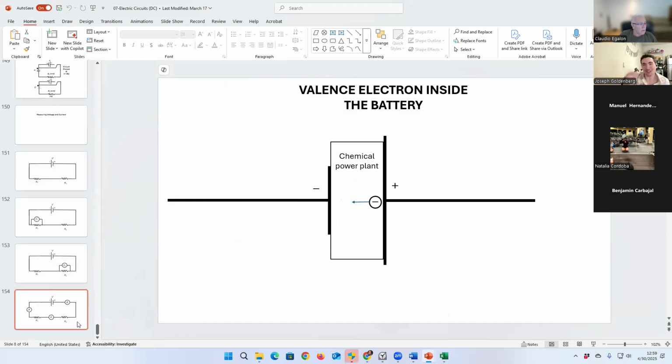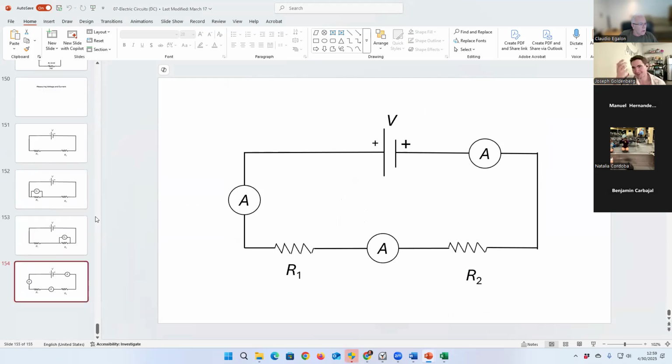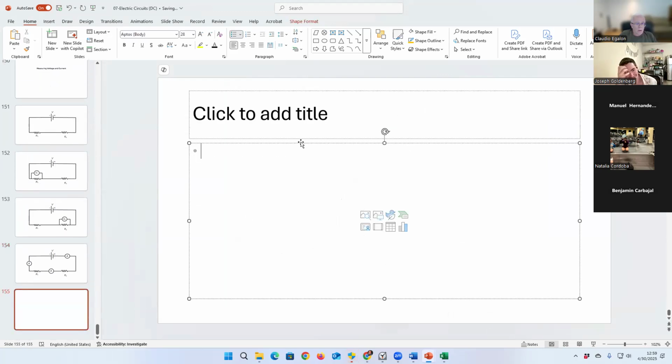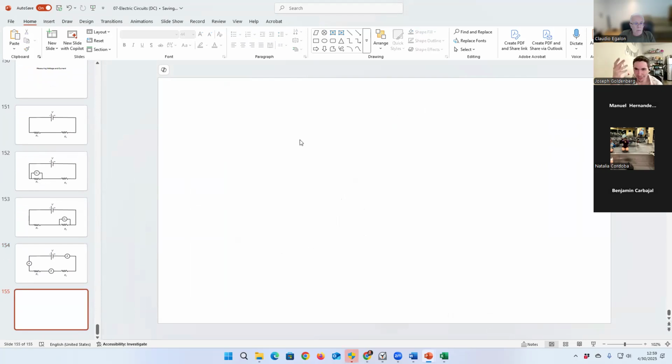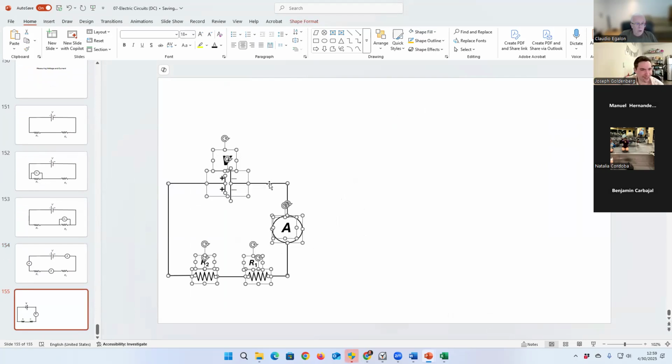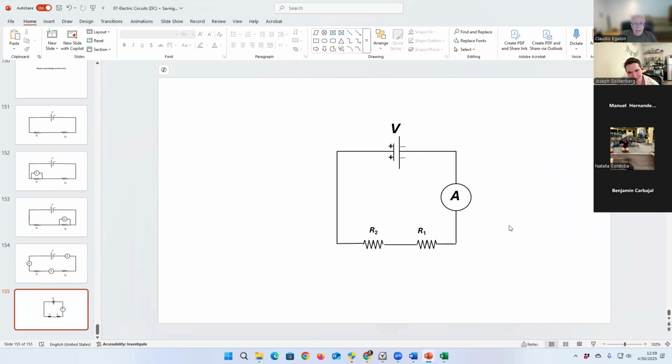A light bulb is something like the following. Here you go, a source, a power source, that is the voltage, and the light bulb is just like a resistor. That's what the light bulb is.